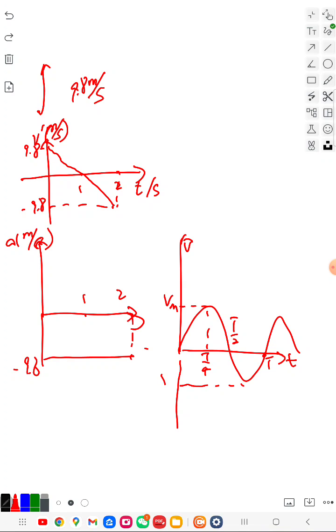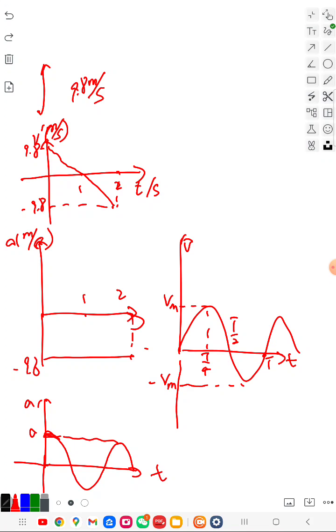This is the minus V maximum, V minimum. Then thus the acceleration graph, we can see is going like this. And this is the maximum of the acceleration, 2 over t.